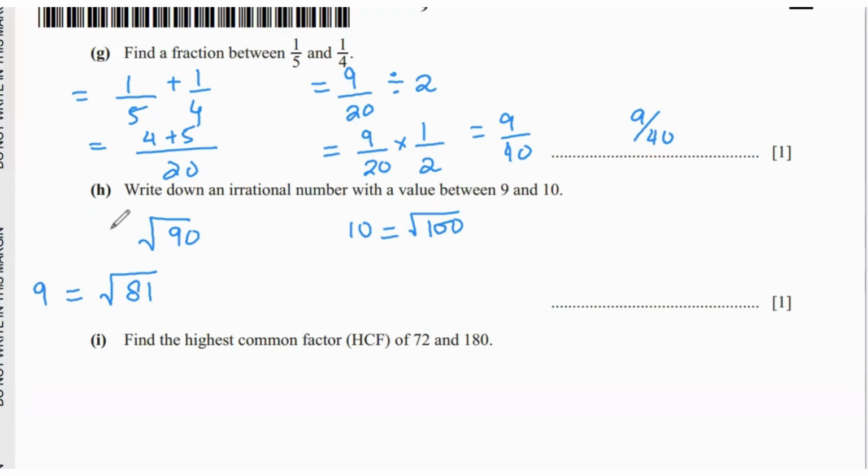Basically, what we need is somewhere between square root of 81 and square root of 100. So between square root of 81 and square root of 100, we don't have any square numbers, so you can pick any irrational number. It can be 95, 93, 92. So I chose square root of 90, because square root of 90 is going to be an irrational number.